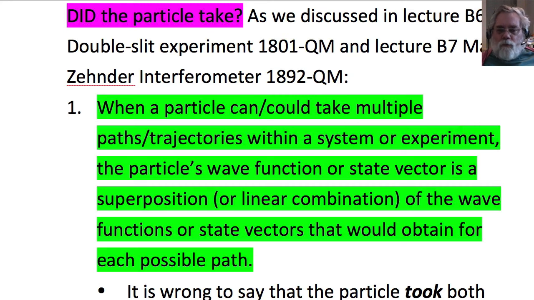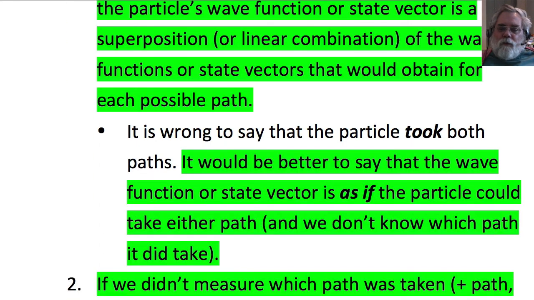This is when we don't try to look at which path. It's wrong to say that the particle took both paths. It would be better to say that the wave function or state vector is as if the particle could take either path, and we don't know which path it did take.